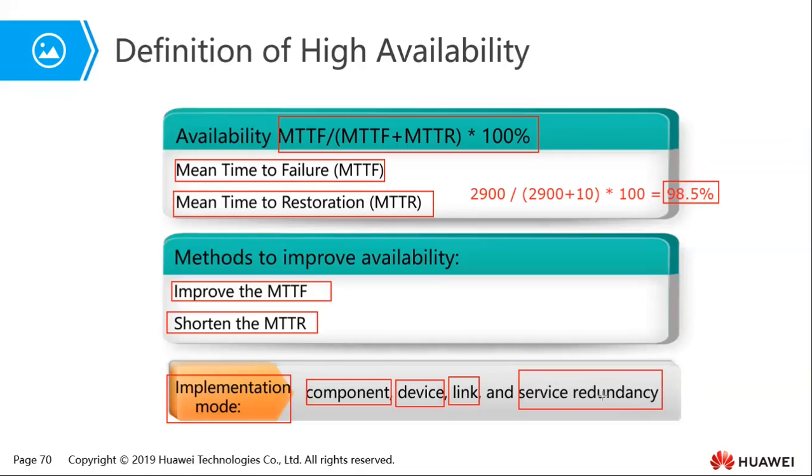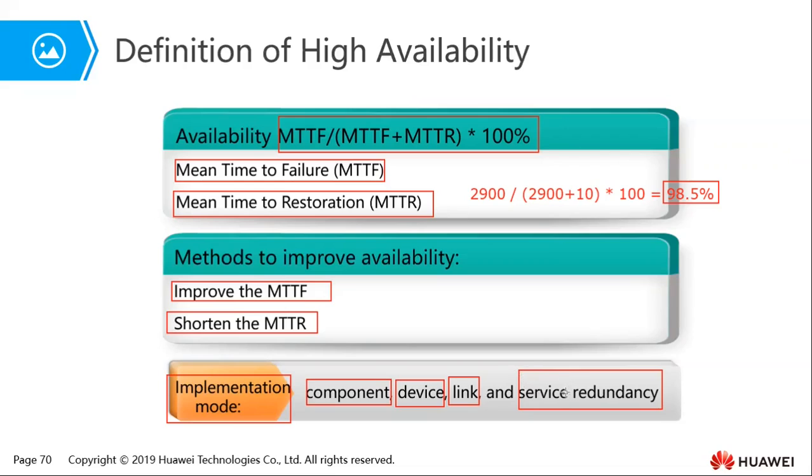OSPF similarly can dynamically do path switchover if a link is experiencing problems. So on service redundancy, you can also improve by implementing protocols such as BFD in order to quickly detect problems and switch over to alternative paths.